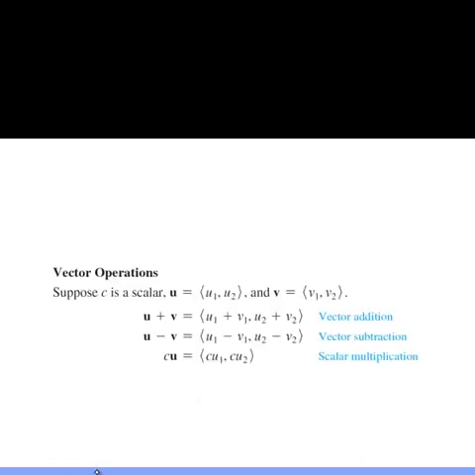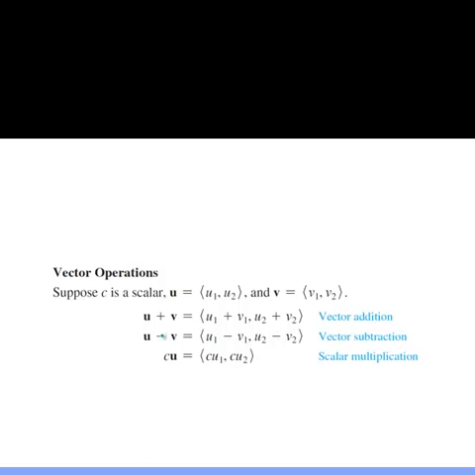All right, so we have vector u, which is u sub 1, u sub 2, and we have vector v, which is v sub 1, v sub 2. If we want to add those two vectors together, we add the components. If you want to do u minus v, you subtract the components appropriately.